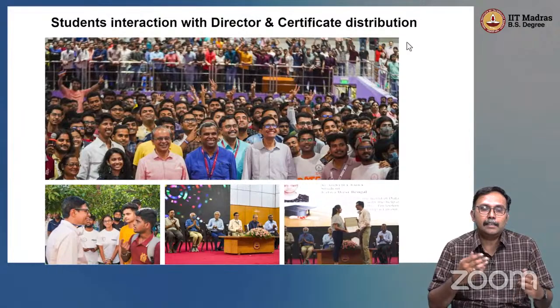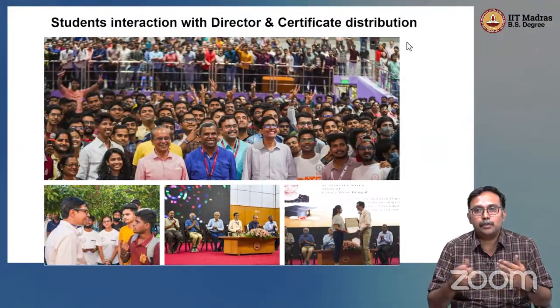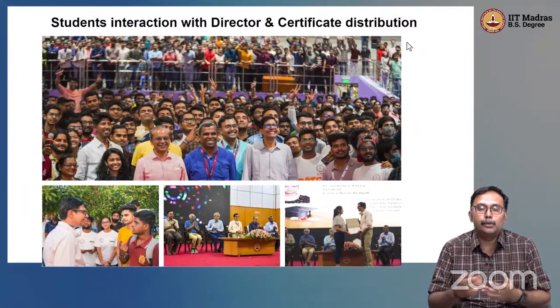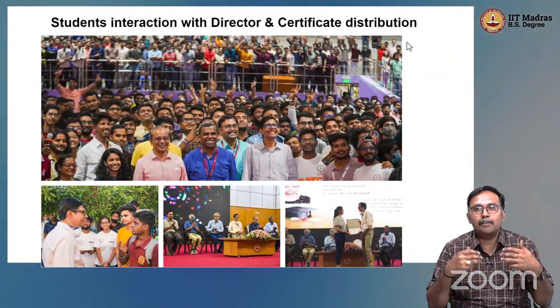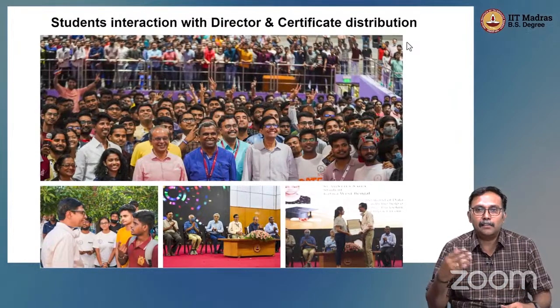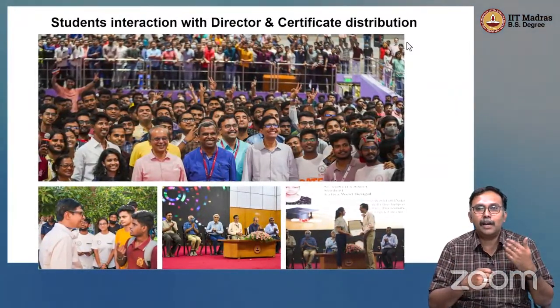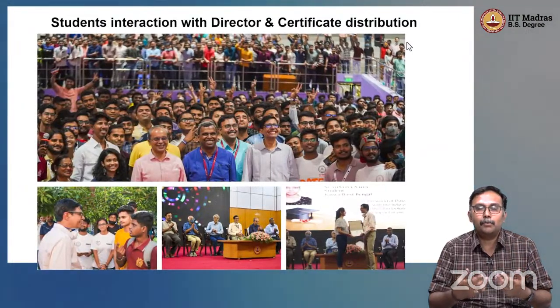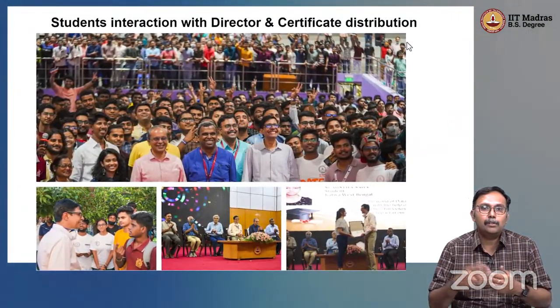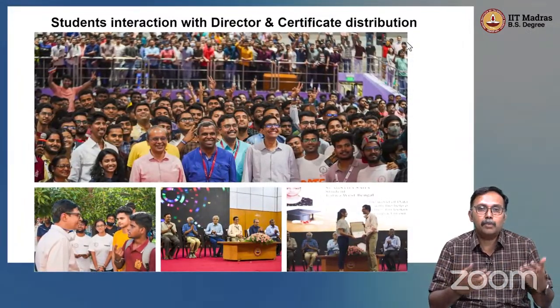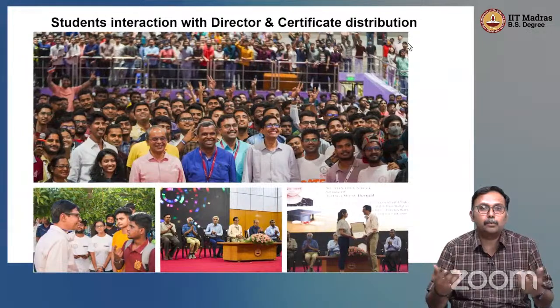This gives students an opportunity to interact with the administrators of the program, the faculty who teach you, and also the instructors who have actively taken part in the various live sessions. As you can see in the images, you have an opportunity to interact with the director one-on-one, and in some cases you also get to spend enough time with the instructor or faculty who conduct workshops and so on.